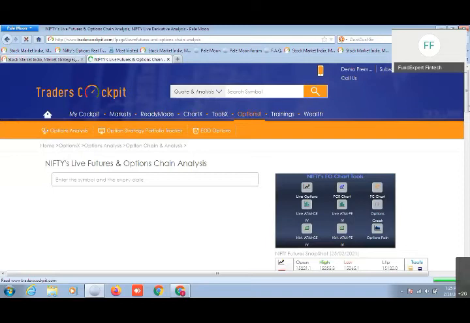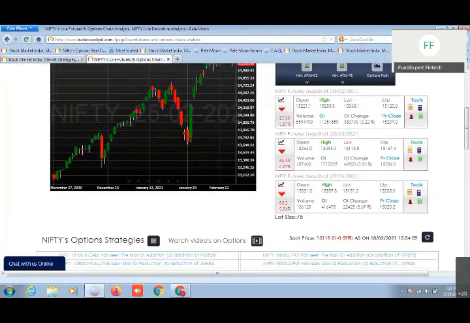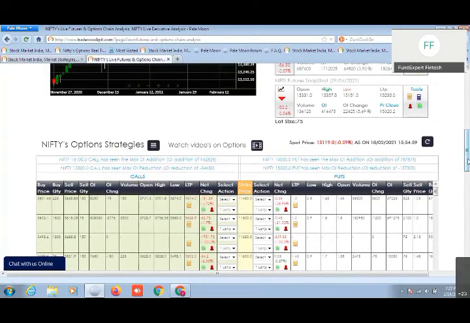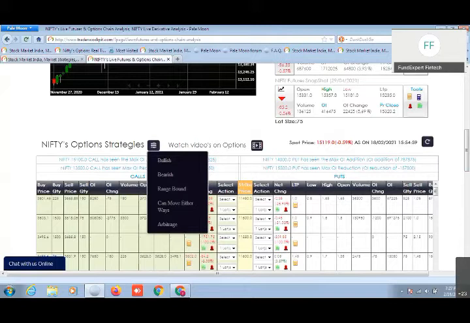And then accordingly, downside on the same page you'll find the option chain analysis, and also downside you'll find a proper matrix available.